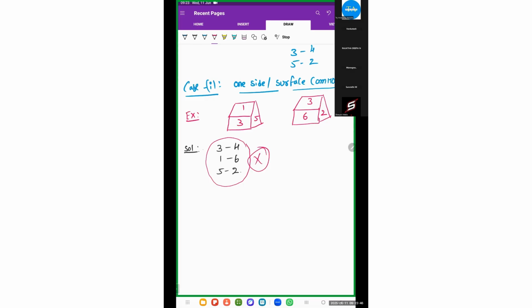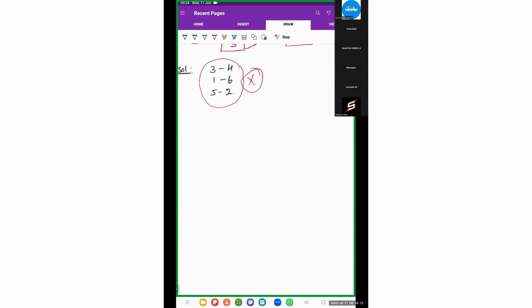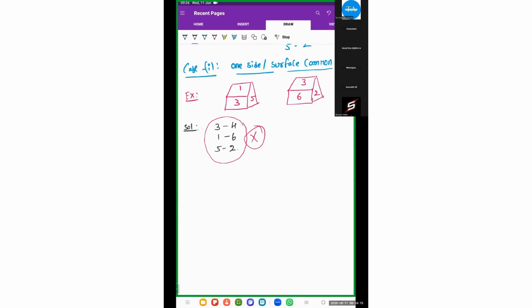When one surface or one side is common for both the dice, such a case, don't use this rule. We have a different rule.